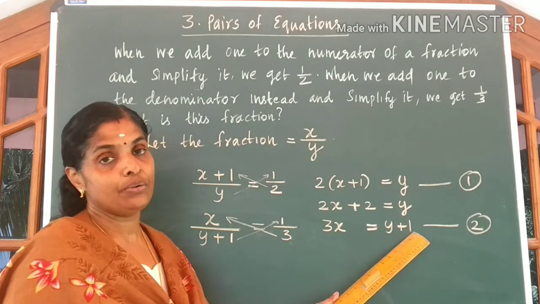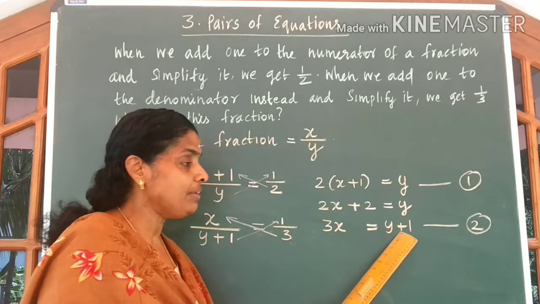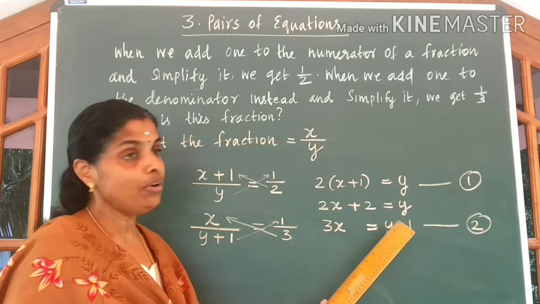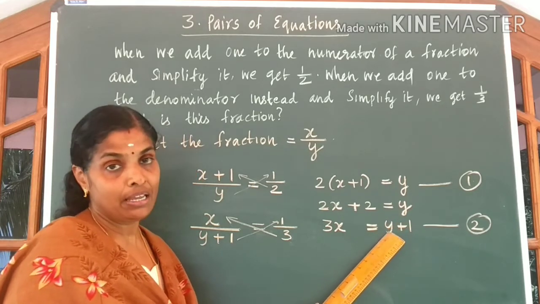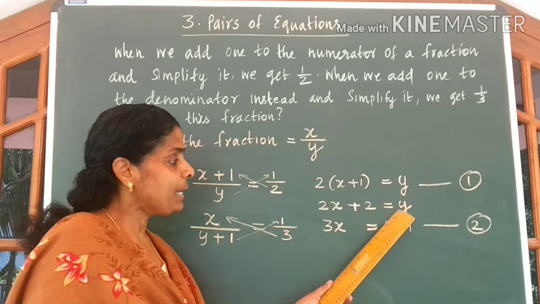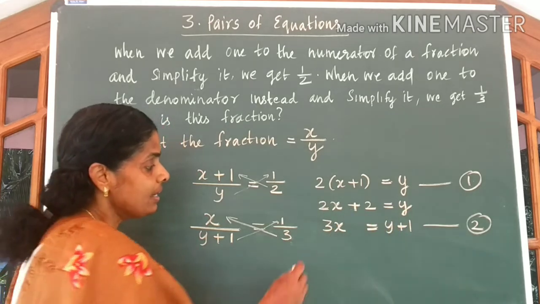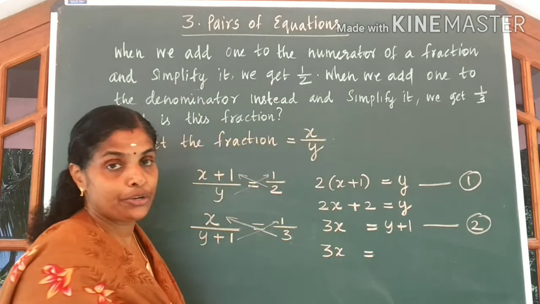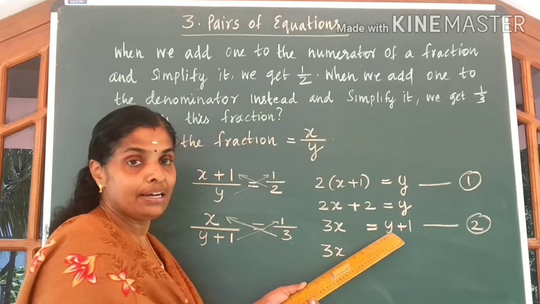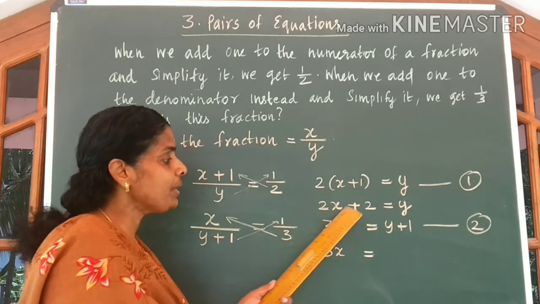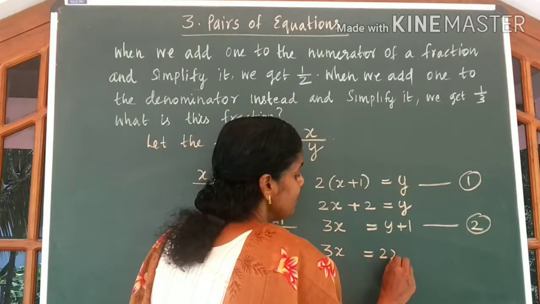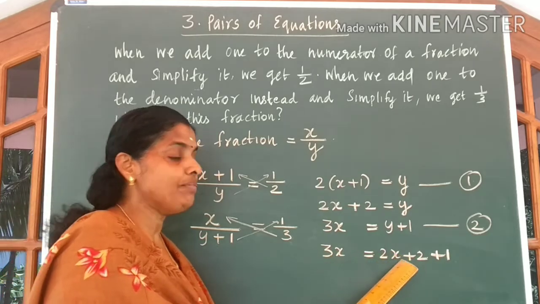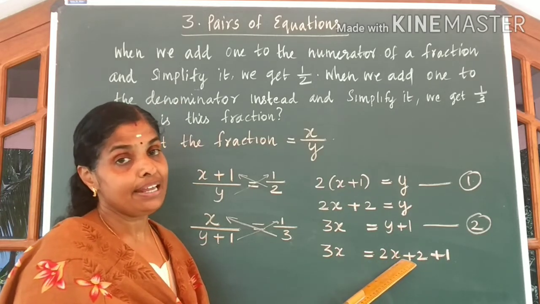If you have just one variable in an equation, we can get the answer easily. So we are substituting y from the previous equation. That is, we can write the second equation as 3x is equal to, instead of this y, let us substitute 2x plus 2. So you get 2x plus 2 plus 1. Now we have only one variable, so we can find the answer easily.